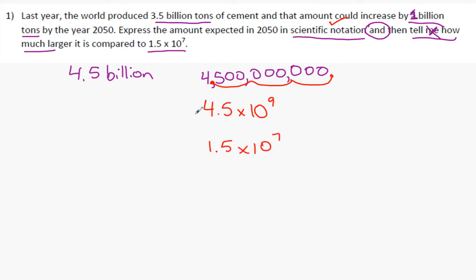Okay. So we can't really compare it addition-wise. That's not how this works. So we have to look at how many times bigger it is. To get from 1.5 to 4.5 would be times 3. And then 10 to the 9th compared to 10 to the 7th means there's 2 extra times 10s.